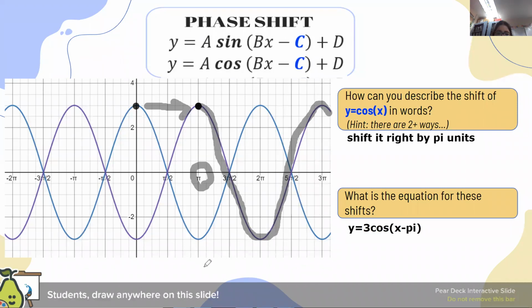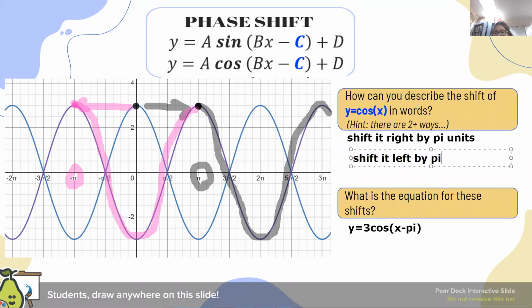Additionally, I can think about this graph being shifted to the left too, right? If I shift it back this direction, I can also get another cycle of cosine in. I notice that I shifted it to the left pi units as well. So I could shift it right by pi, or I could shift it left by pi units.